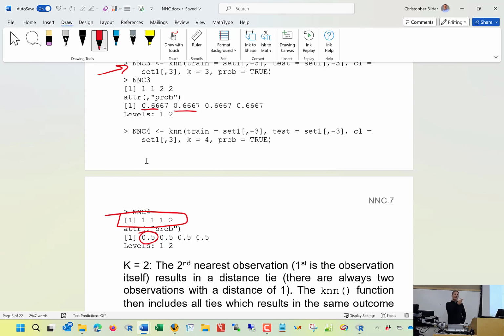Yeah, this is where the random part comes in. Since this probability is a tie, it's just going to randomly choose a grouping. Because of that, it's always good whenever you use this function to set a seed beforehand so that you can replicate your results.